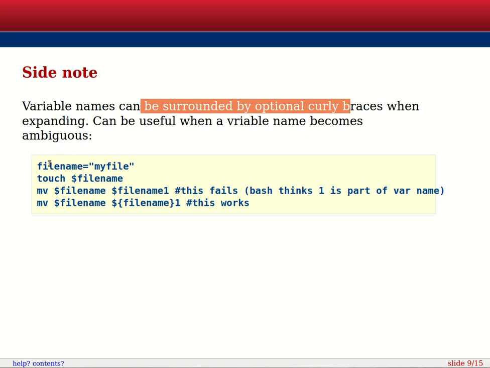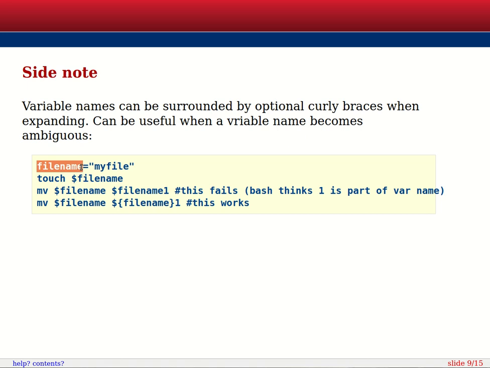Okay. Variable names can be surrounded by optional curly braces when expanding. So let's say I set a variable called filename, and it's equal to this string, myfile. Then I could say touch $filename, to create that file for us. If I want to rename it from myfile to myfile1, we could say, hey, go grab the contents of filename, which is myfile.